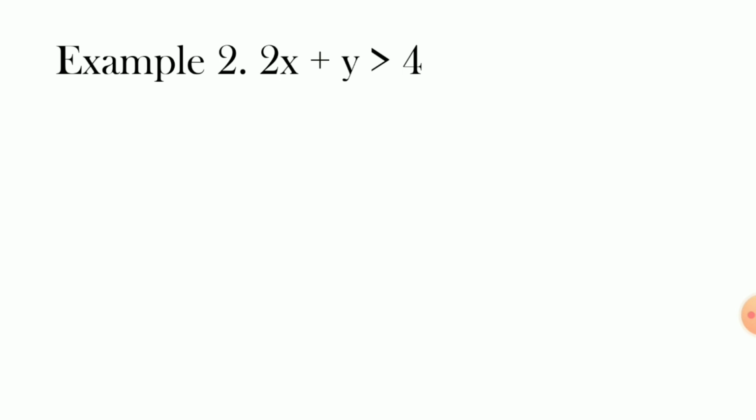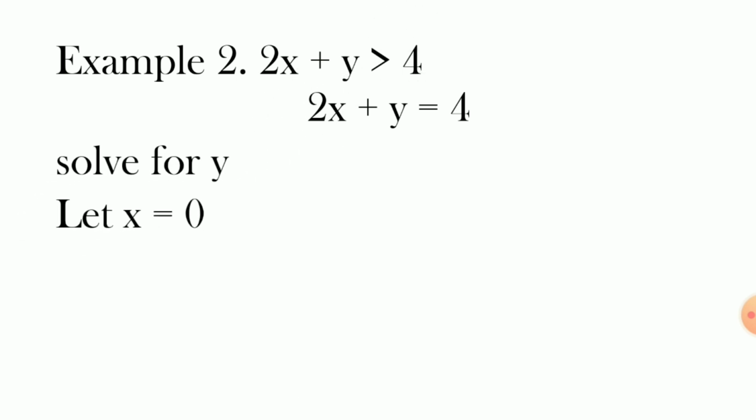Example 2, we have the inequality 2x plus y is greater than 4. First is to change the inequality into a linear equation, that is 2x plus y is equal to 4. Then solve for y, let x be equal to 0.